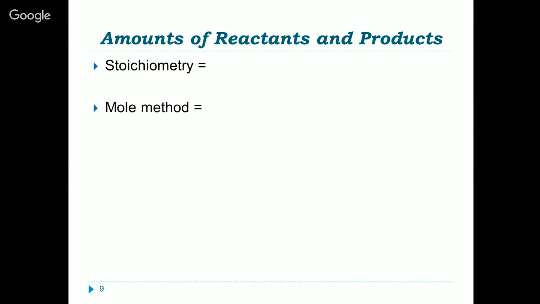So now that we know how to calculate molar masses of our compounds, our molecules, our ionic compounds, whatever they may be, now we use stoichiometry, which is really just a fancy way of saying, how can we convert a mass of a reactant into a mass of a product? And we do this by using the mole method, because moles represent a quantity.